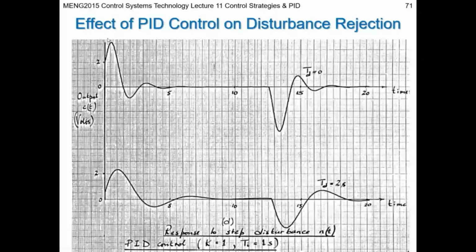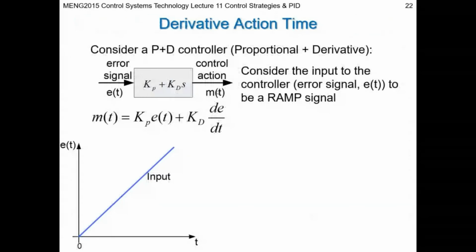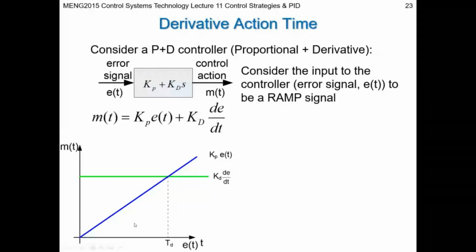This is our baseline at the top with no derivative control, TD equals 0. Remember, if you have a low TD, then you have less derivative action. As your derivative action increases, you're going to get a higher level of TD.